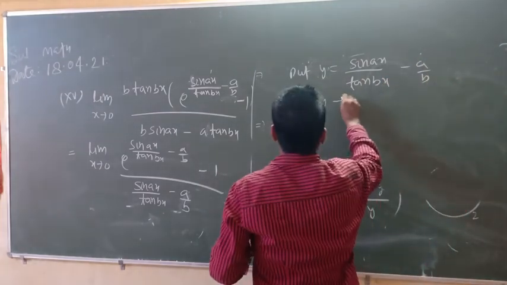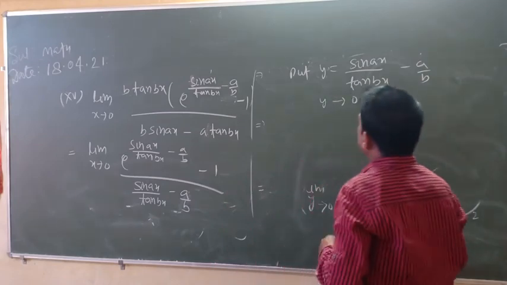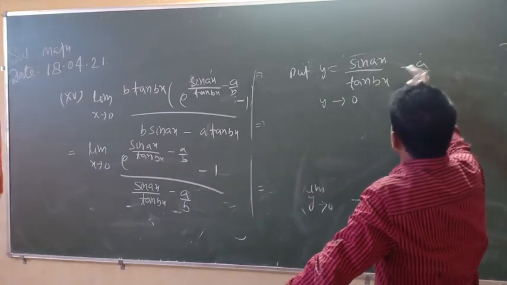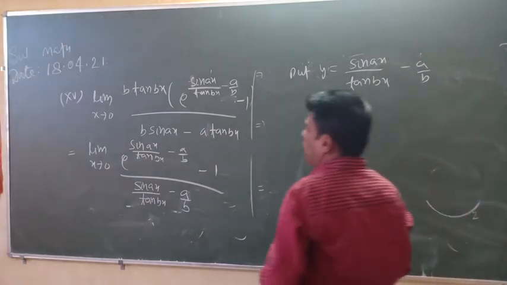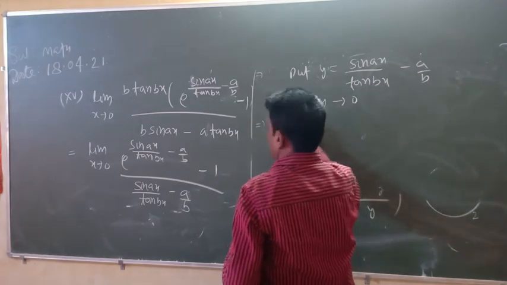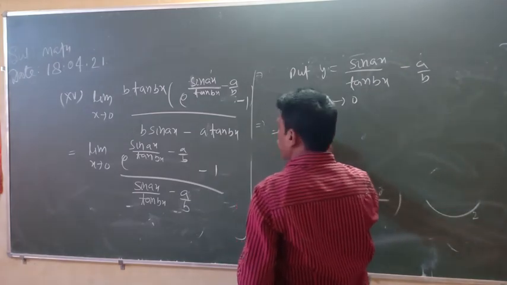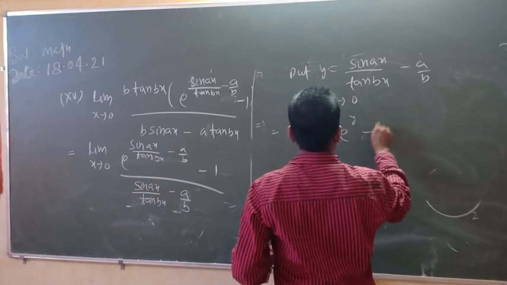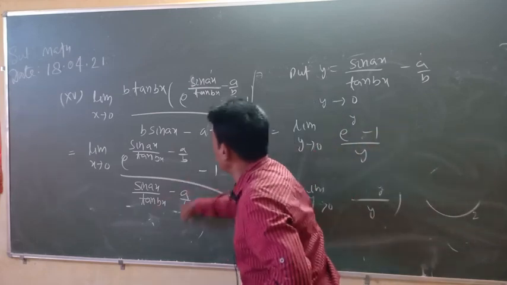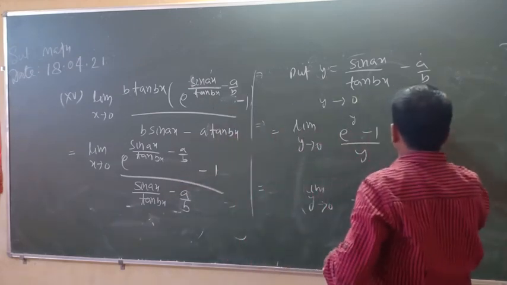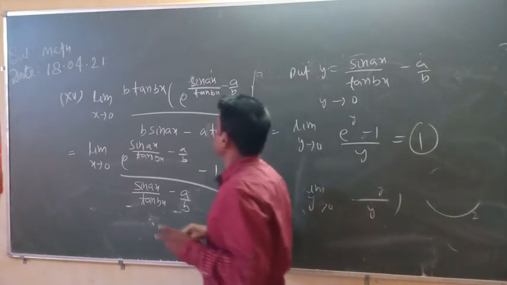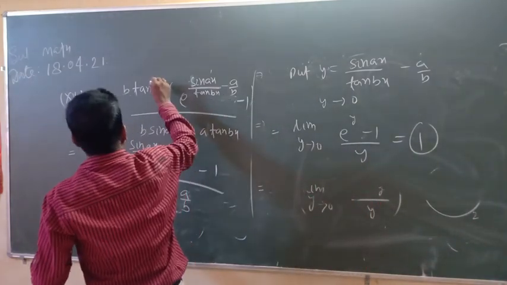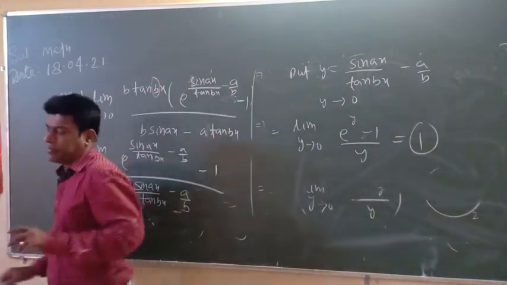Hence y tends to 0, because sin ax by tan bx is a by b, so a by b minus a by b is 0. Now you put limit y tends to 0, e to the y minus 1 by y. That becomes 1. Answer. Your question is wrong, bx is not given. You can write in your book that it is bx.